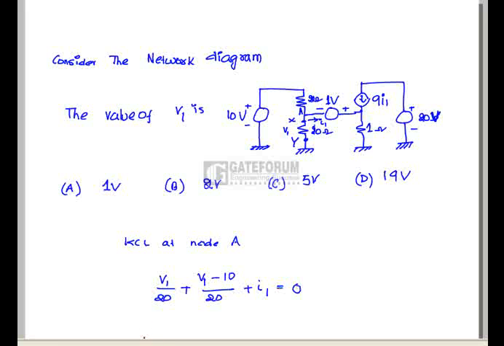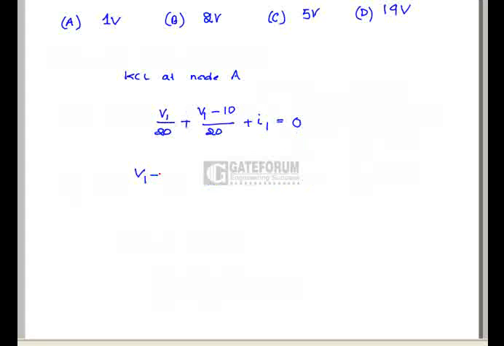Here V1 minus V2 equals minus 1 volt. This is equation 1, this is equation 2. Here V2 equals 10 I1, this is equation 3.